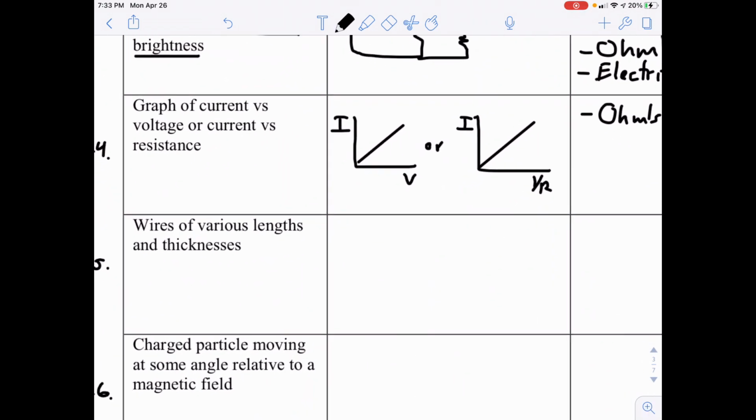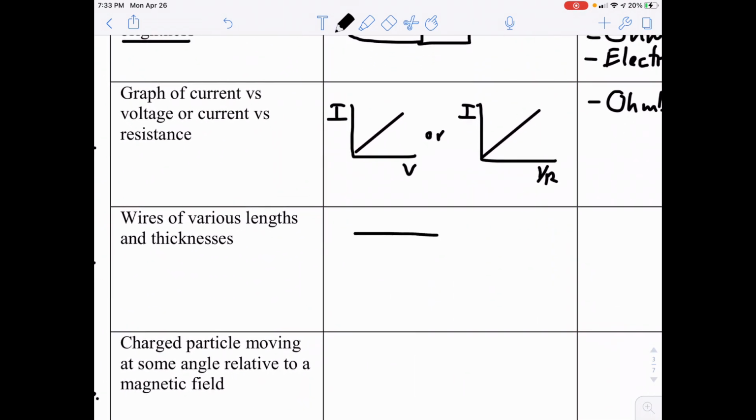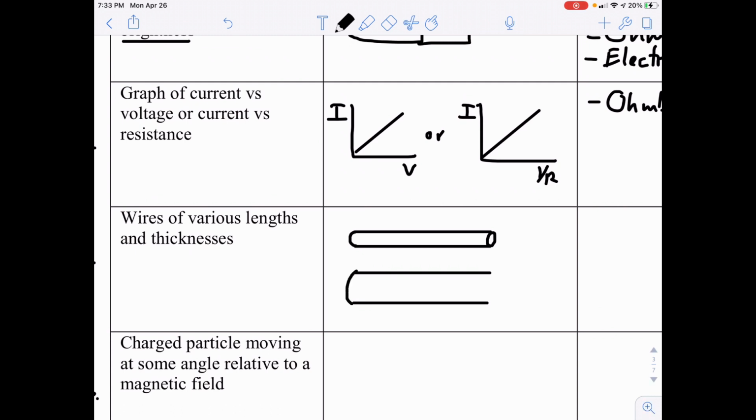Now, in number 25, we have situations where we have wires of varying thicknesses. So say we have a wire here, and let's say we have another wire that's just a bit wider, a bit thicker.